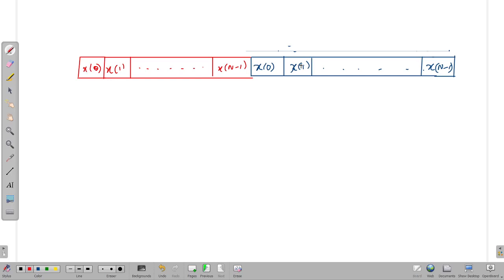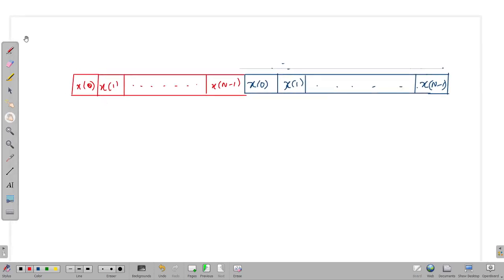To differentiate between these blocks, I'm giving the subscript: x1 of 0, x1 of 1 up to x1 of n minus 1 is my first block, and this previous block I'll name the 0th block: x naught of n minus 1, x naught of 1, and x naught of 0.